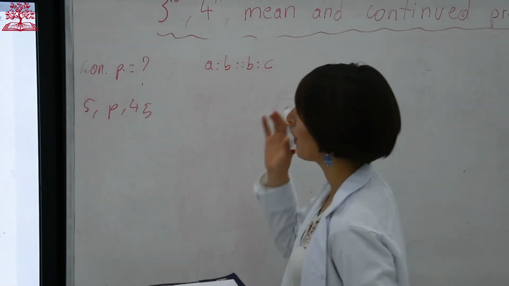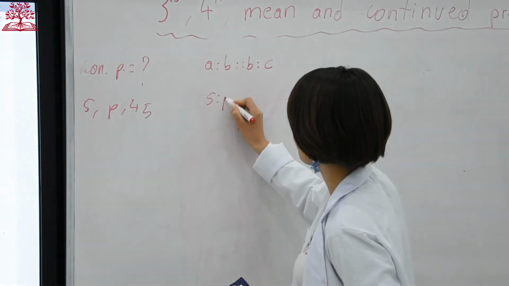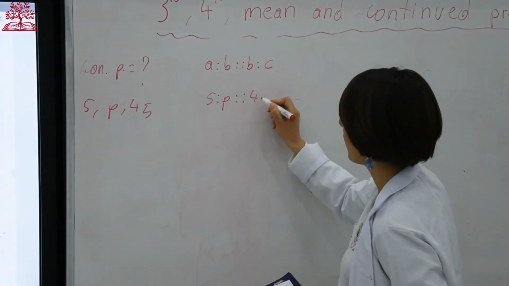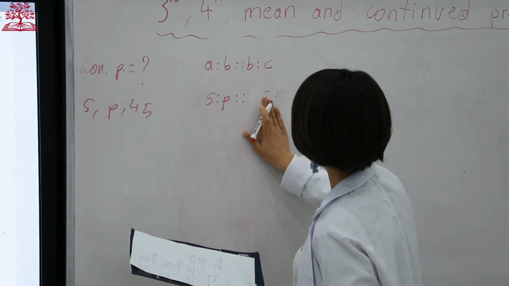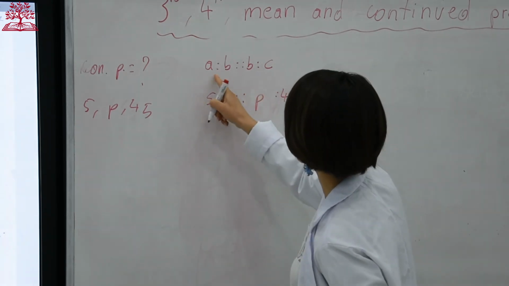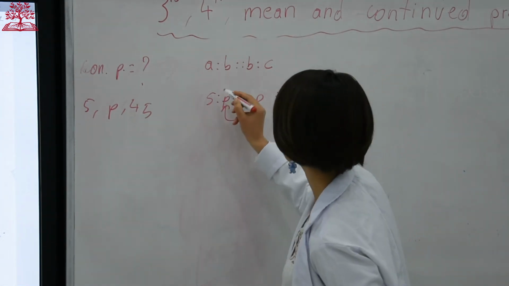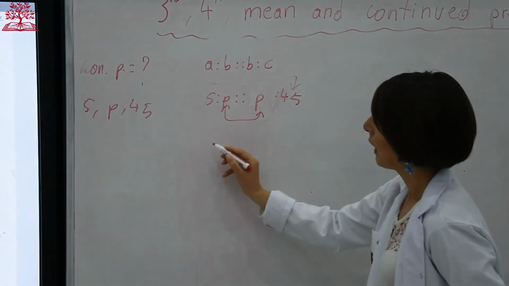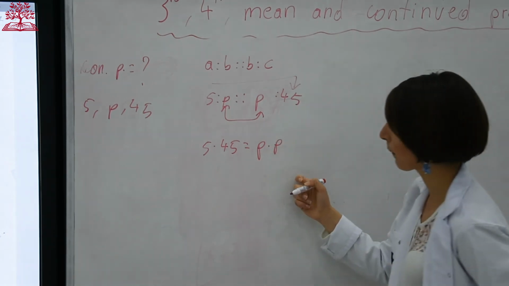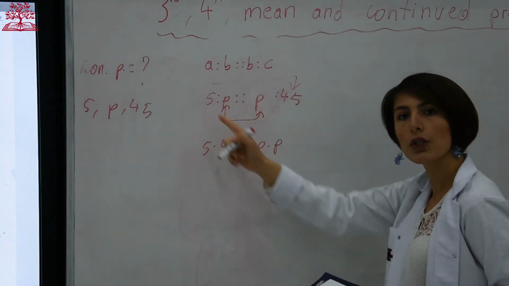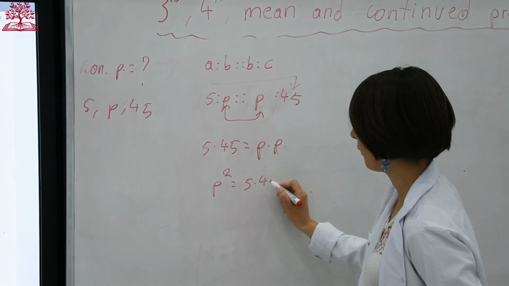Always, you should be very careful, the product of means equals the product of extremes. So in this case I can write 5 to P equals P to 45, because it's A to B, B to C. So what should we do? 5 times 45 equals P times P. Because the product of means equals the product of extremes, so P to the power 2 equals 5 times 45.